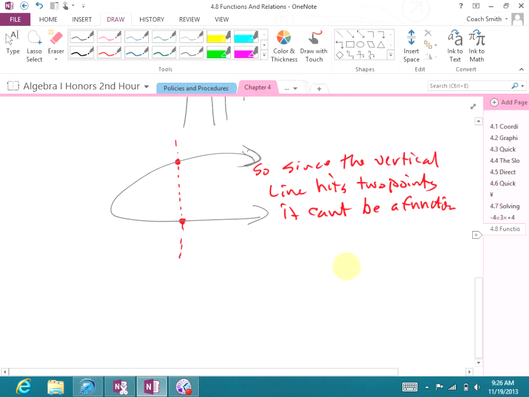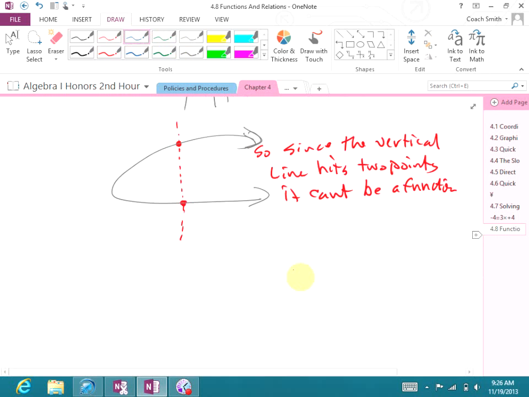Okay, and then you see the last one that they draw is an S, like that. Well, obviously, I can draw a vertical line through that and hit multiple points. It's at any place on the line. If there's any place that you can draw a vertical line and hit 2 points, it can't be a function.